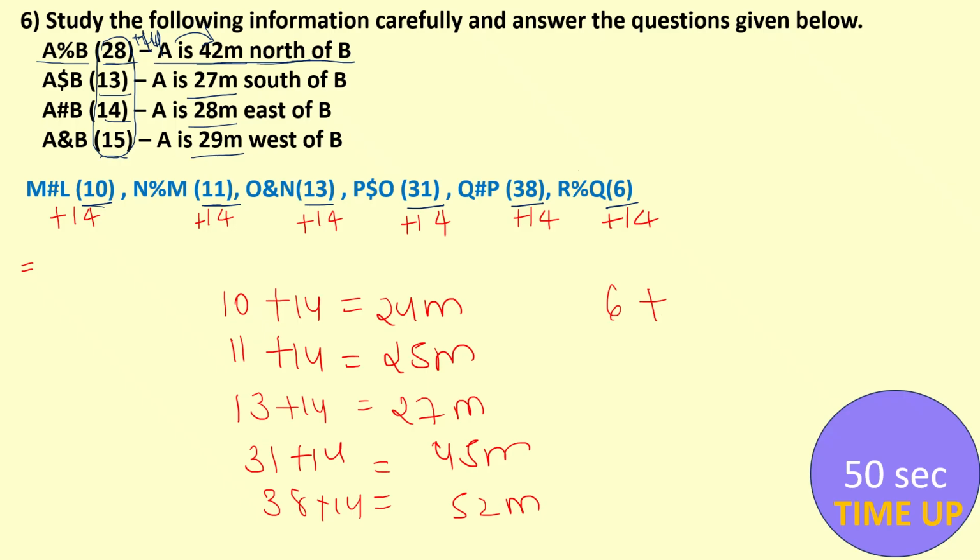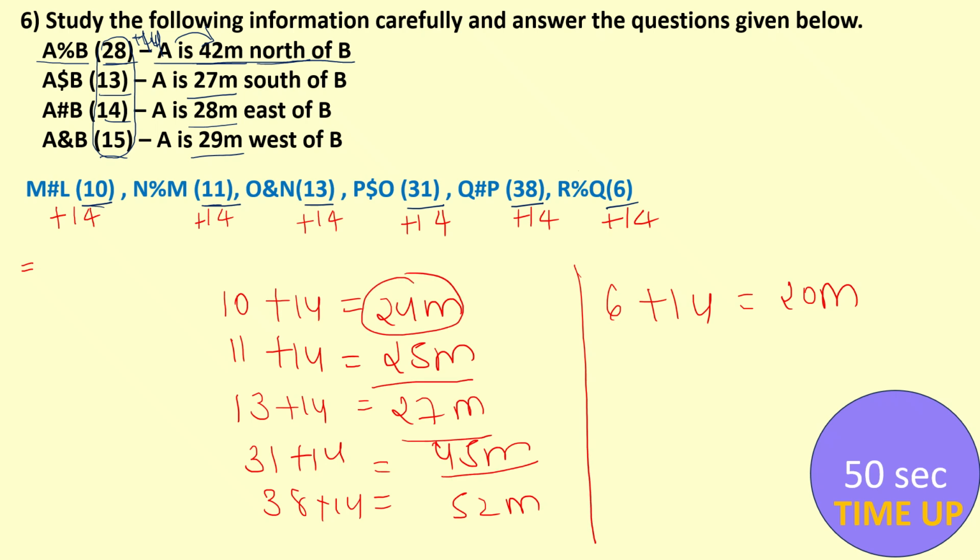And 6 plus 14 will be 20 meter. So these are the distances: 24 meter, 25 meter, 27 meter, 45 meter, 52 meter and 20 meter. This distance you need to use to draw the diagram.